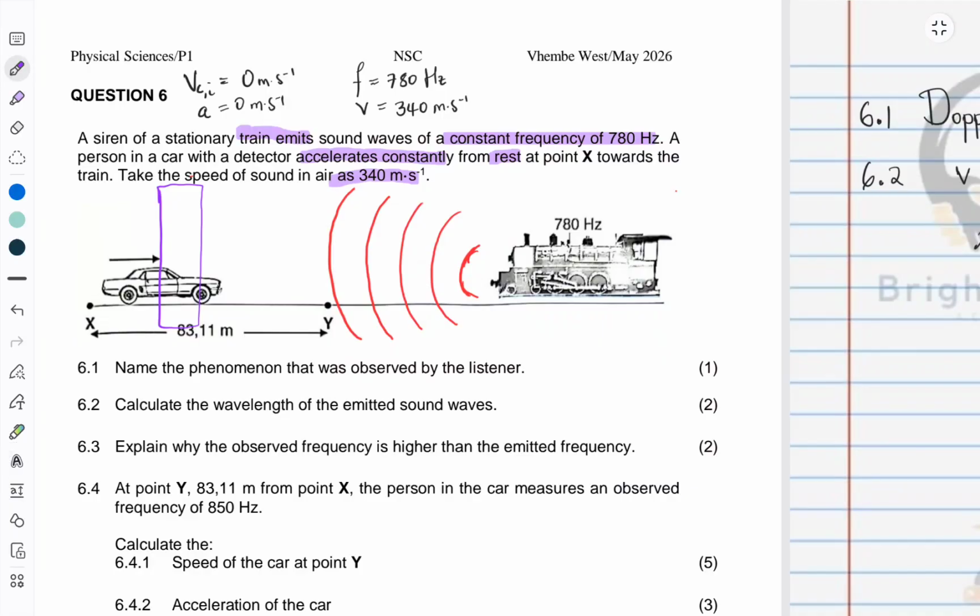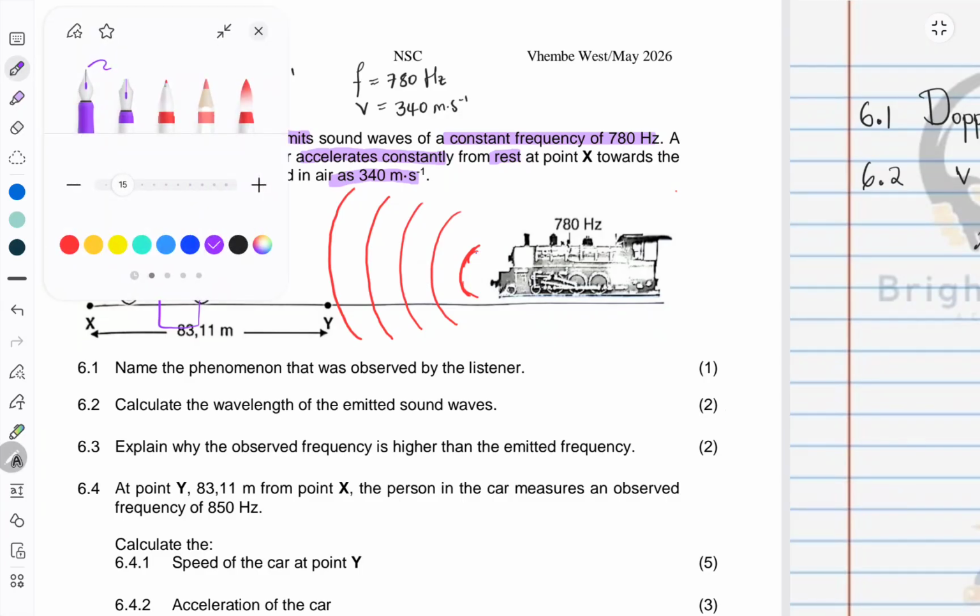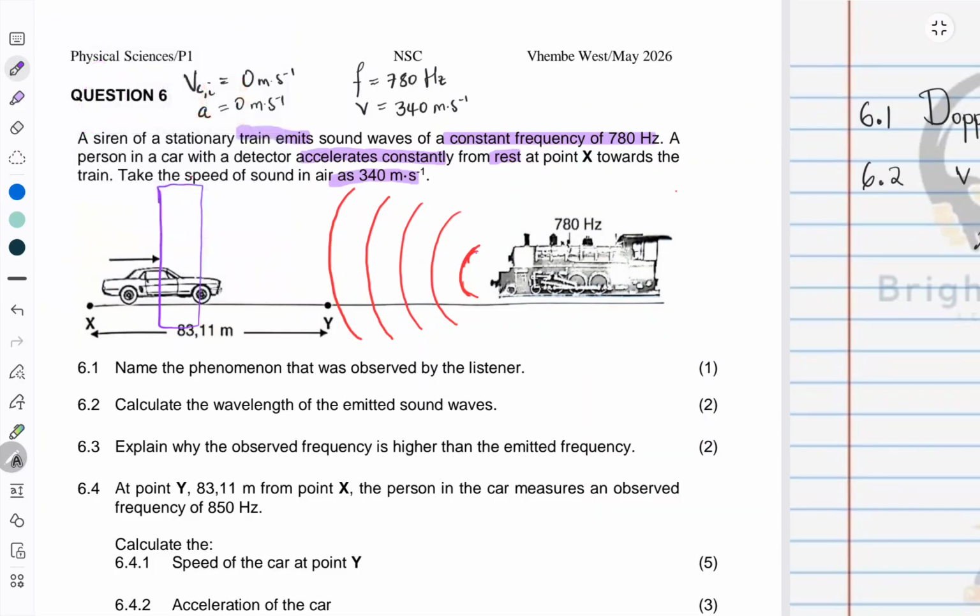So as the wave fronts are approaching this door and this door is swallowing them, the speed at which they pass at this particular point where the door is located will be the same as the original speed of these wave fronts. So that means the frequency observed would be the same if the observer was constant. But now the issue is the observer is moving.